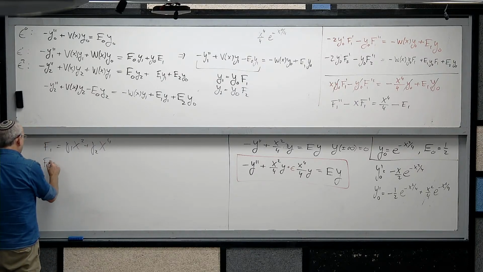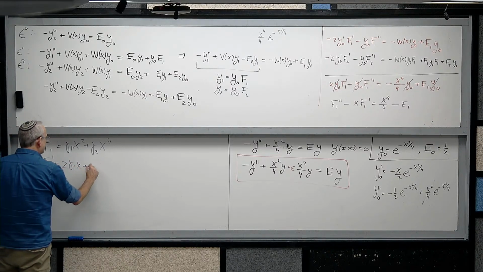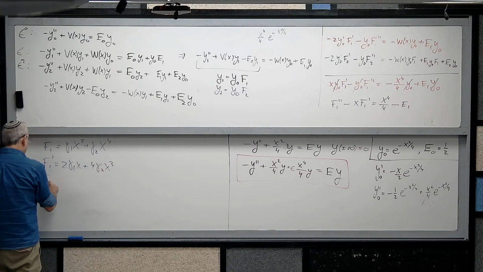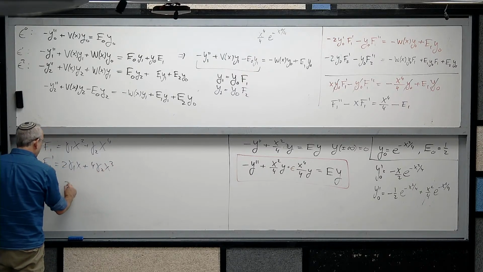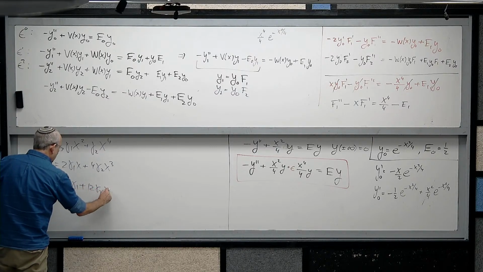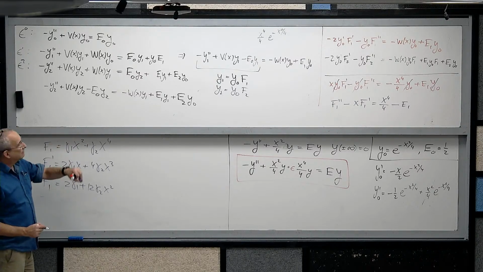So f1 prime will be 2 gamma 1 x plus 4 gamma 2 x cubed, and f1 double prime will be 2 gamma 1 plus 12 gamma 2 x squared. Okay, and I plug it there.